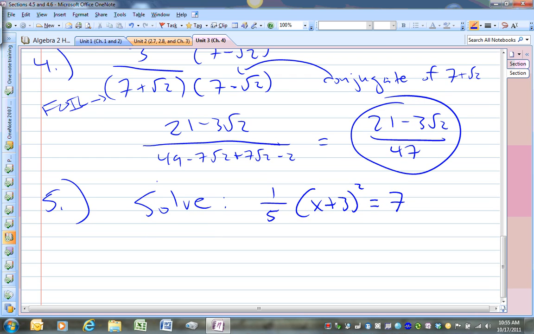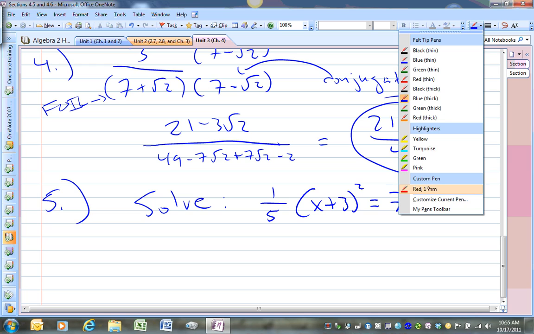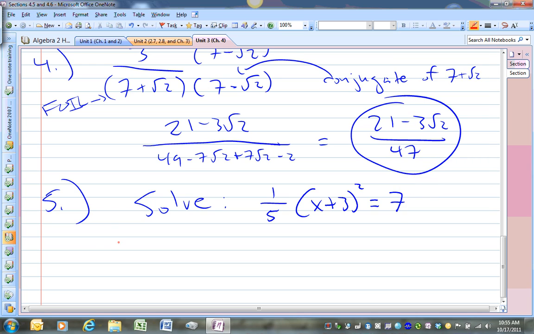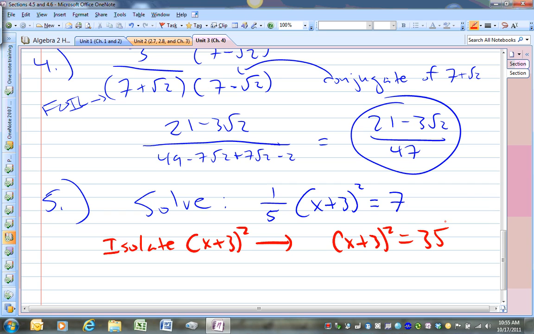What you want to do is isolate x plus 3 squared, which would be 35, because I multiply both left and right by 5, so that these cancel.